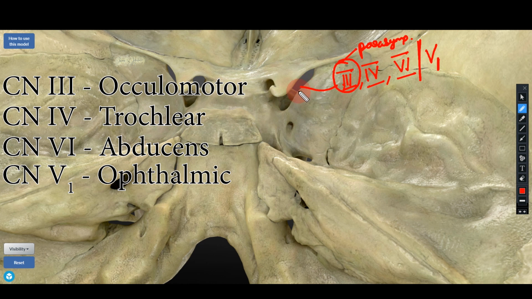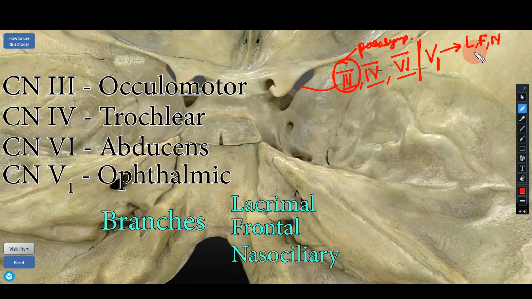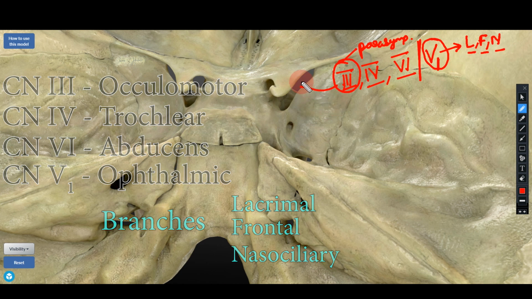It is not the ophthalmic nerve itself that is running through it, they are the branches of the ophthalmic nerve. For the time being, I'll just name those branches. They are the lacrimal, frontal, and nasociliary. So all these are running through the superior orbital fissure. There are a lot of nerves: 3, 4, 6, and the V1 ophthalmic branches, that is lacrimal, frontal, and nasociliary, and the superior orbital fissure is transmitting them.